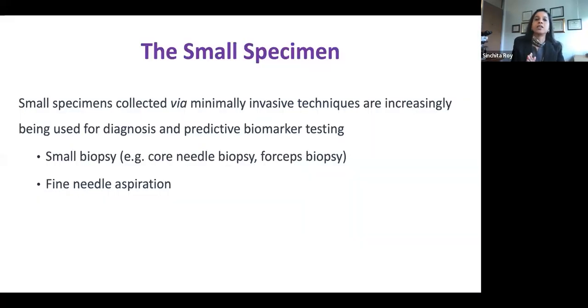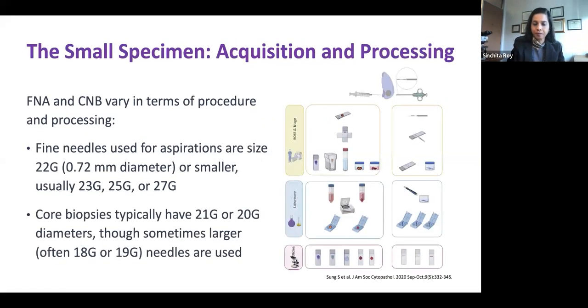Like I mentioned, anything that's collected through a minimally invasive technique is lumped into the small specimen category. This would comprise any of the small biopsies, core needle biopsies, forceps biopsies, as well as your cytology specimens, which would be your fine needle aspirations.